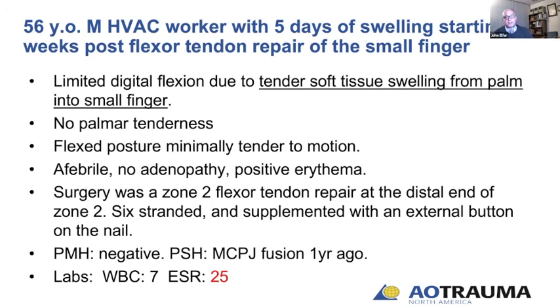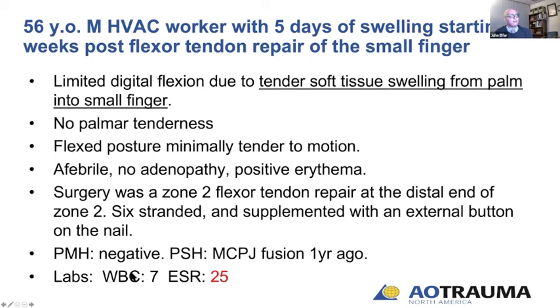It was a six-stranded repair, but I supplemented it with an external button because it was right at the end of zone 2, and I felt like he might pull it apart. I put the button on top of the nail. His past medical history was negative, but I did a previous surgery on him: an MCP joint fusion in the same hand on his middle finger about a year before.